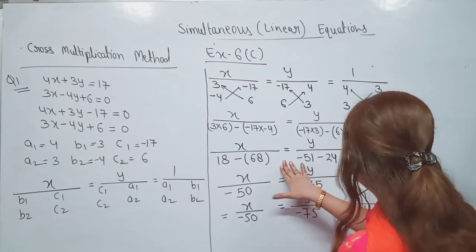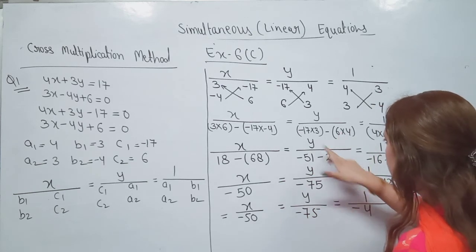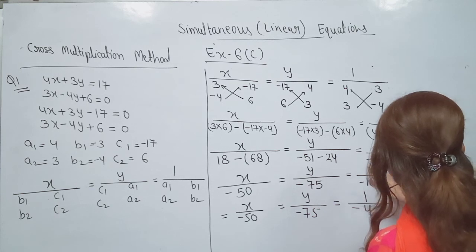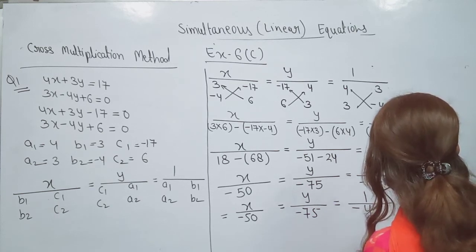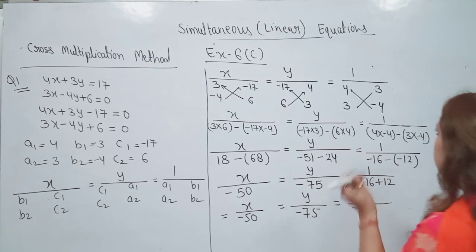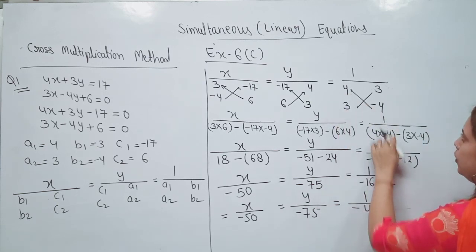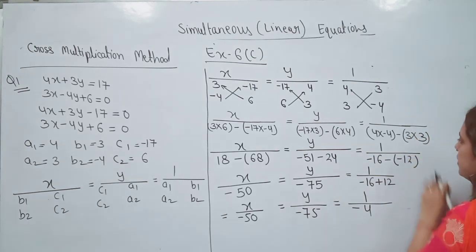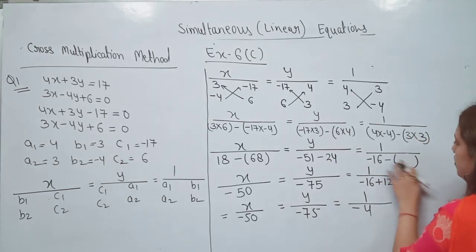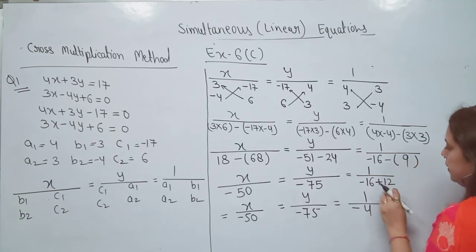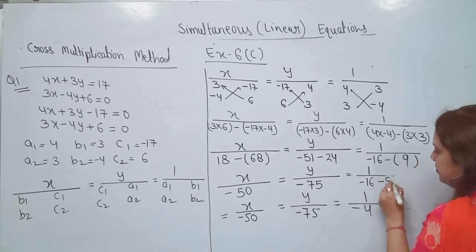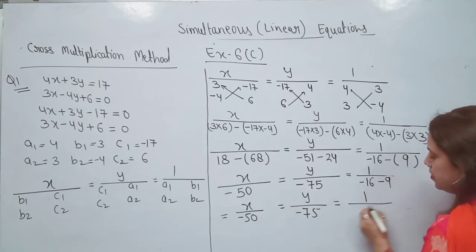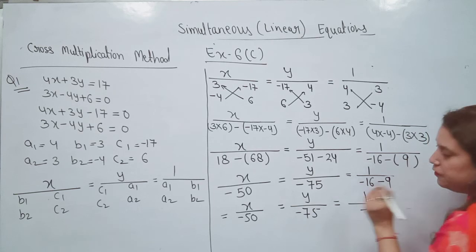Something wrong? 6 into 4 is 24, 17 into 3 is 51, 4 into 4 is 16, minus. Beta, here 4 into minus 4 and 3 into 3. It will be 3 into 3 is 9, so minus 9. So it will be minus 16 minus 9, minus 25.